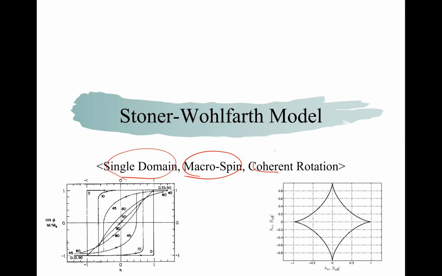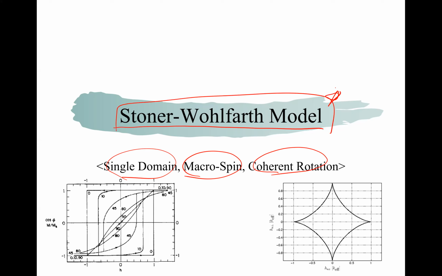Or what you call the coherent rotation, meaning the spin direction is rotating coherently in the full sample. And when we apply the magnetic field, the magnetization direction changes, and this change is governed by energy minimization, and this is what we call the Stoner-Wohlfarth model.